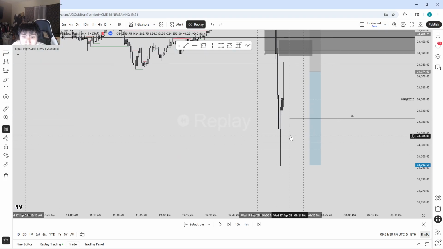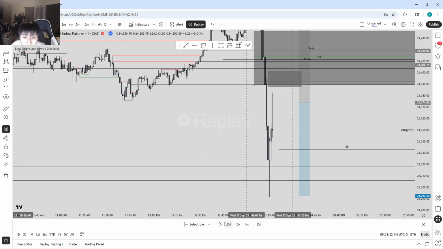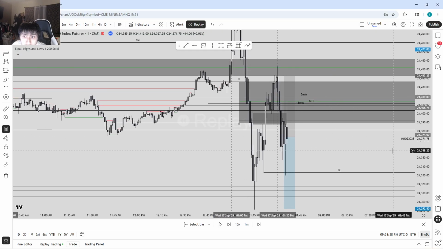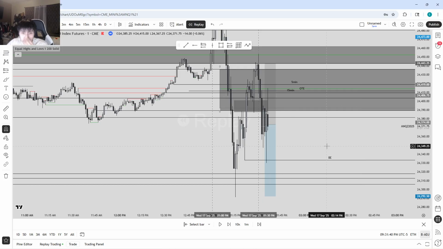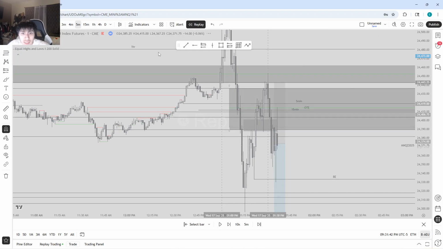But yeah, I mean, I marked these draws like this is precision, and this is where I took my second trade of the day. And this is kind of discretionary.